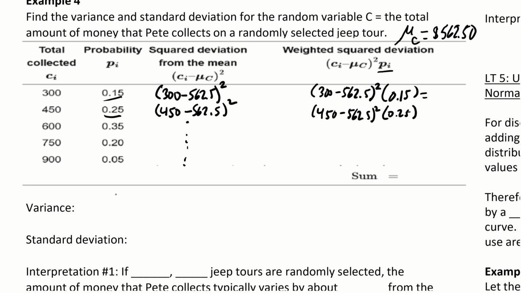All right, so when you calculate this, you get 10,335.94. This one you get 3,164.06. And I will give you the rest of the numbers just so you have them as a reference.